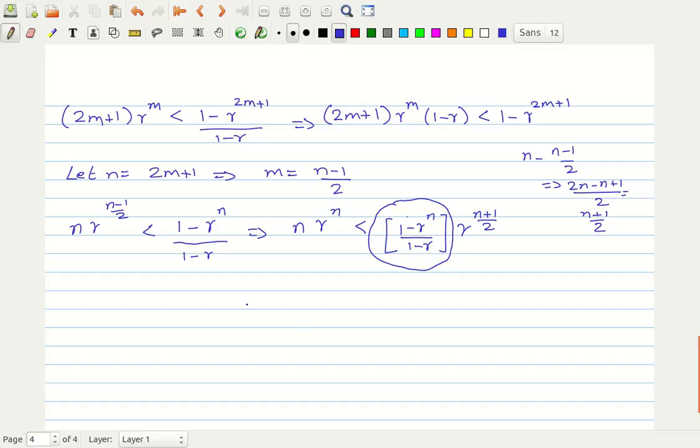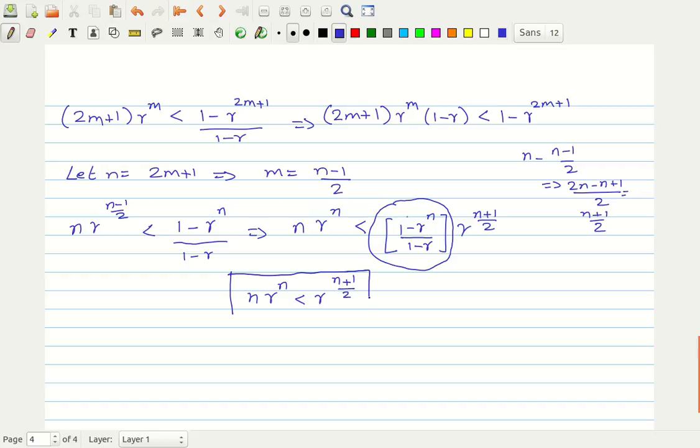If it is slightly greater than 1, it means that n r to the power n is actually less than r to the power (n plus 1) divided by 2. And now you can see, if I make my n very large, r being less than 1, my r will be very small, and therefore n r to the power n will also be very small. And this is what they are asking you to prove in this question.